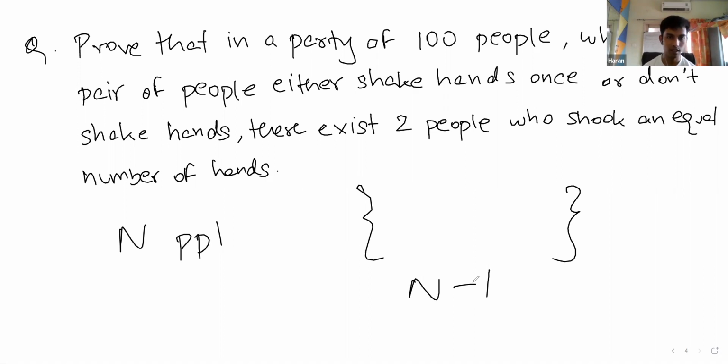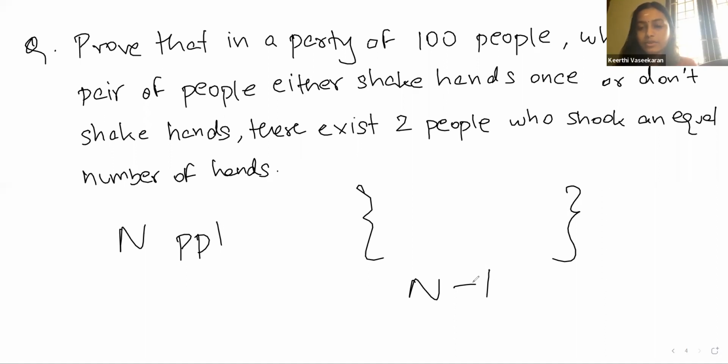I have a doubt, but this can be true only when all of them shook hands with all the others. If one of them didn't shake hands, it won't be true, right?